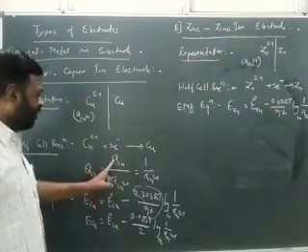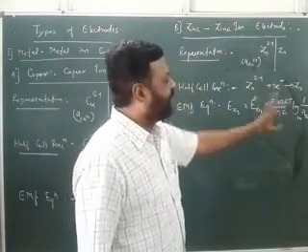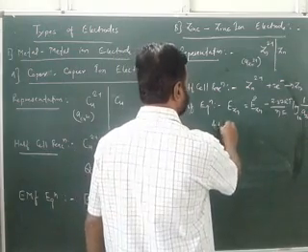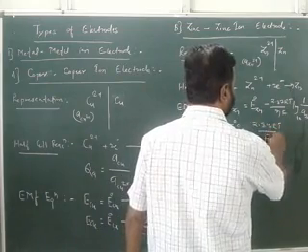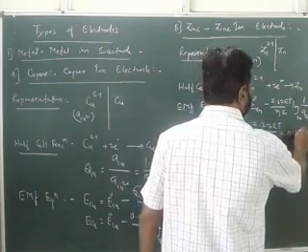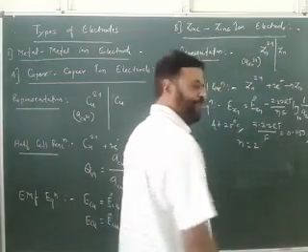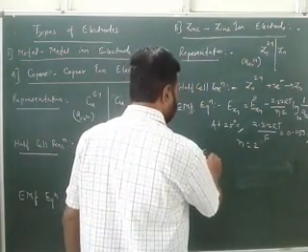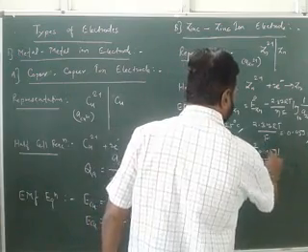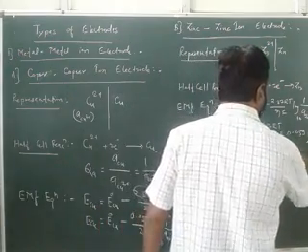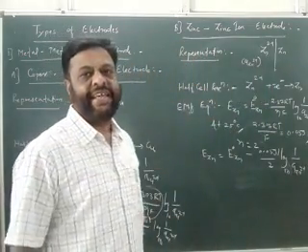At 25 degrees Celsius, 2.303 RT divided by F is equal to 0.0591, and N is 2, the number of electrons involved. So the final equation: E_Zn is equal to E0_Zn minus 0.0591 divided by 2 log of 1 divided by the activity of Zn2+ to the base 10. So this is the zinc ion electrode.